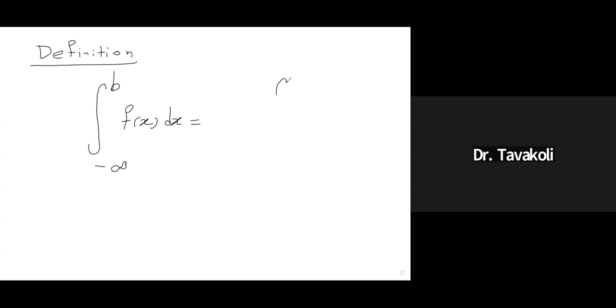Here we replace minus infinity by a and let a tend to minus infinity. So b in this case is a given fixed number, and we are calculating the definite integral from minus infinity to b. We replace minus infinity by a letter a, and then let a tend to minus infinity.